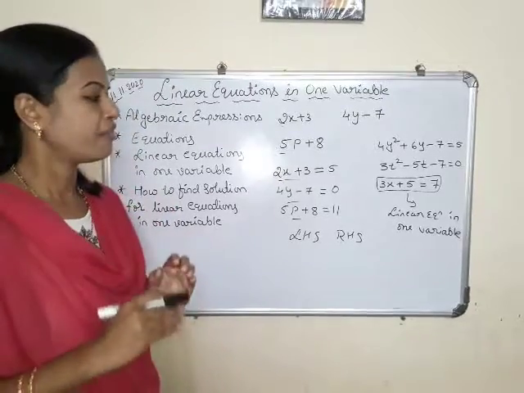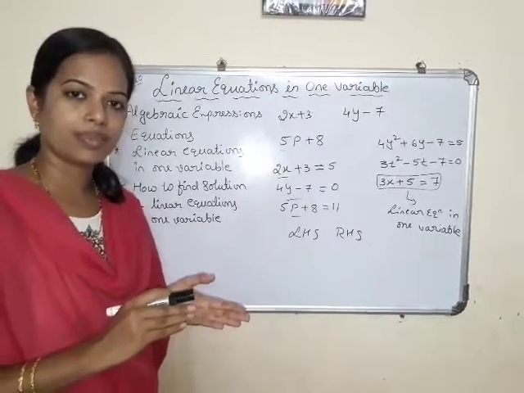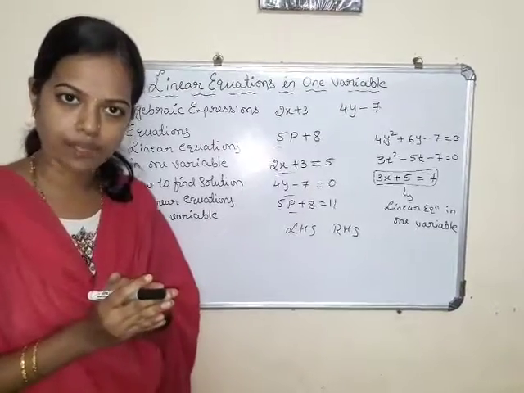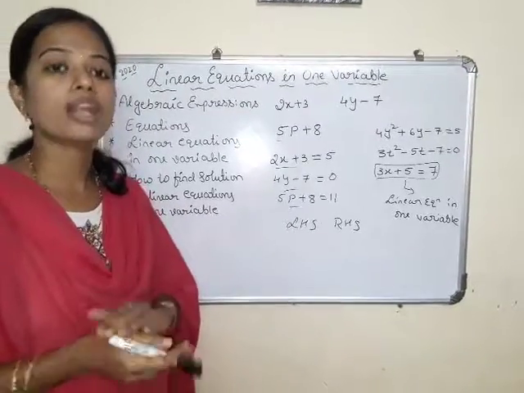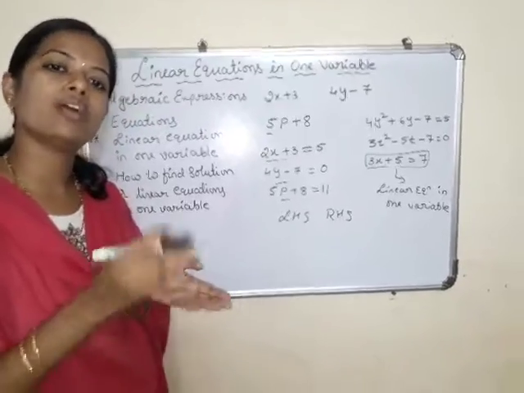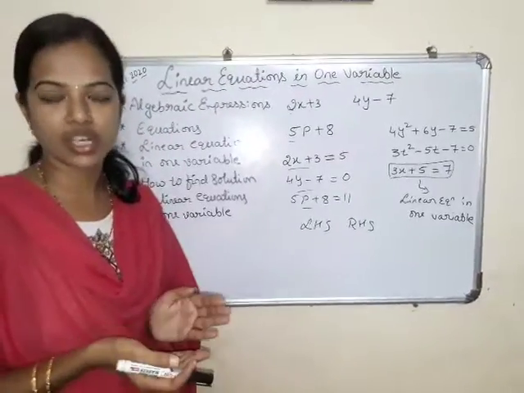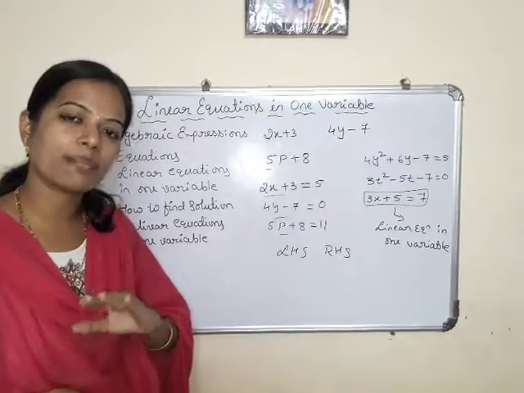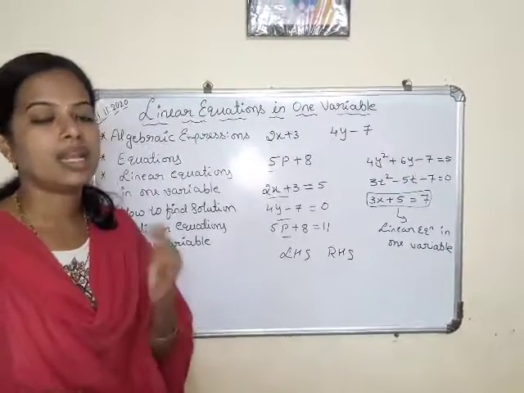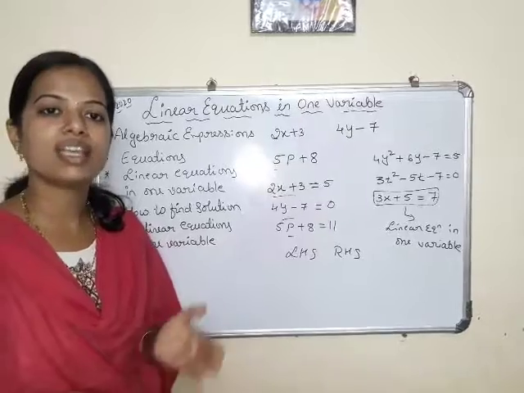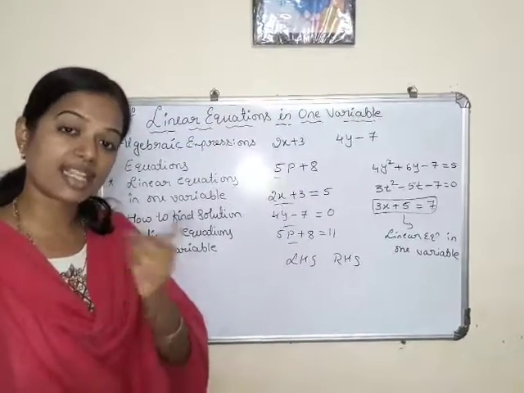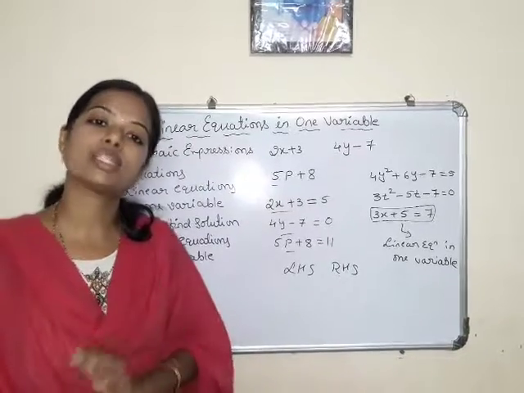First is adding a number on both sides without changing the equation, or subtracting a number on both sides. Another is multiplying the number on both sides, or dividing the number on both sides. So these are the 4 methods. Another, the last method, is transposing the terms.